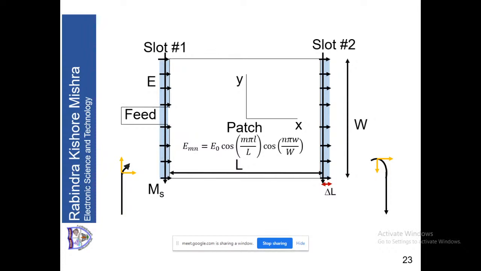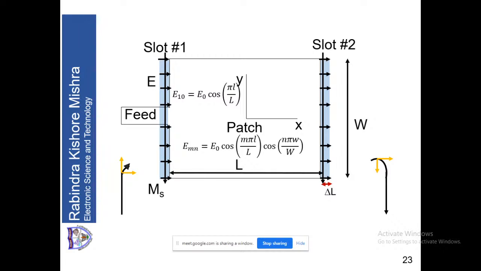That is the variation in the mnth mode. But the dominant mode is the 1-0 mode. We have one half wavelength variation along the length L, or in the x direction, and no variation in the y direction. So therefore, in the dominant mode, the electric field will be E10.